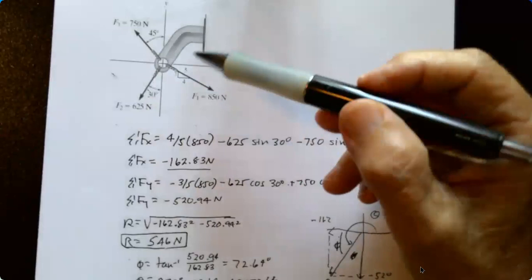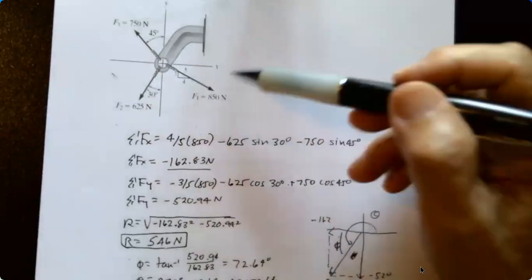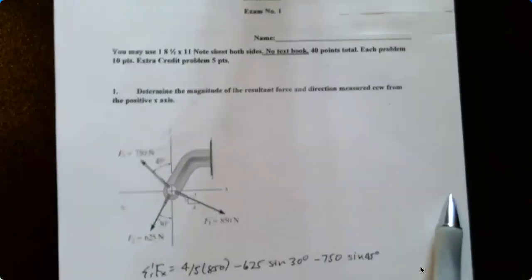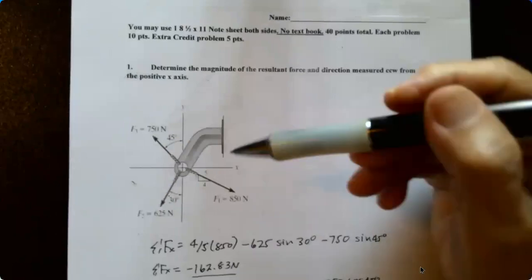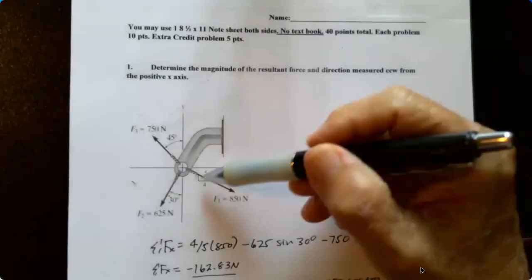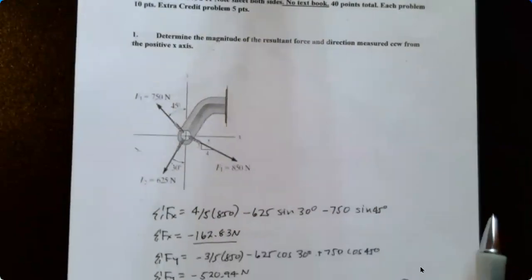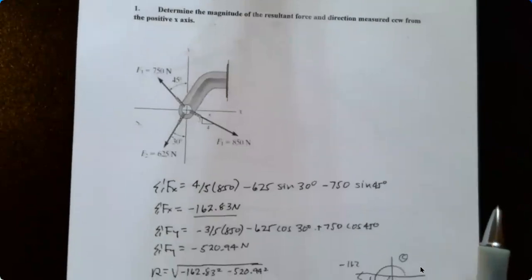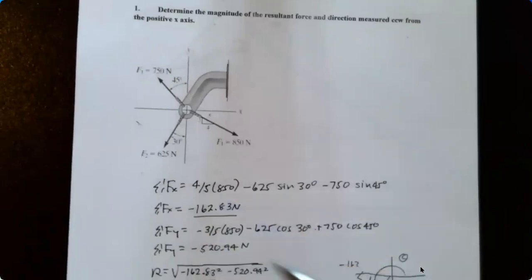And again, using the slope makes it a real easy calculation too, as a 3, 4, 5, then using the slopes for the other angle, the 4, 5 here, and 3, 5 for the y.